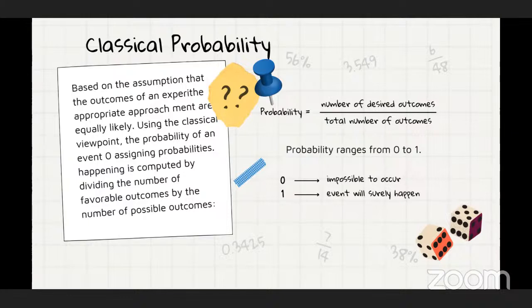Using the classical viewpoint, the probability of an event happening is computed by dividing the number of favorable outcomes by the number of possible outcomes. The formula is probability equals number of desired outcomes divided by the total number of outcomes. The probability ranges from 0 to 1. 0 is impossible to occur. 1 is an event that will surely happen.